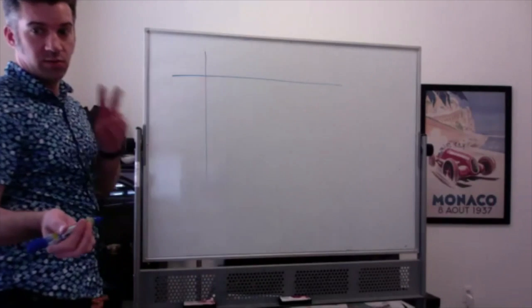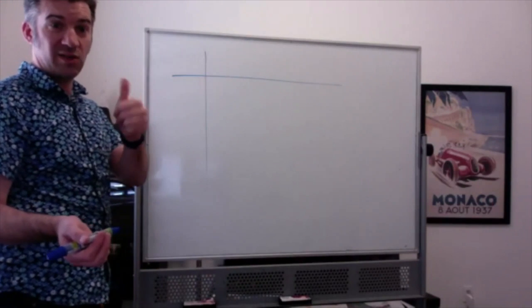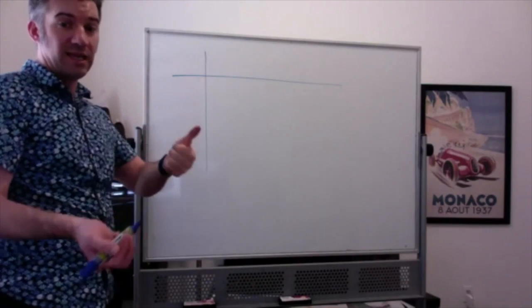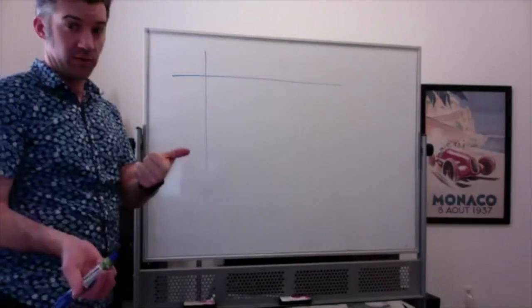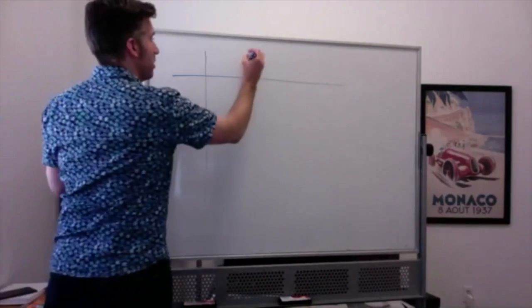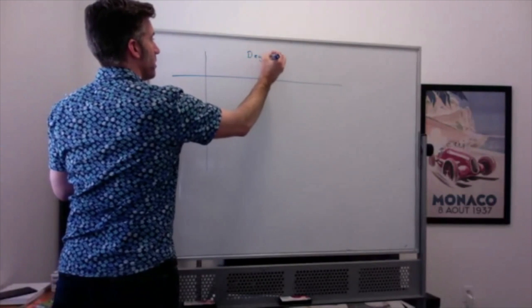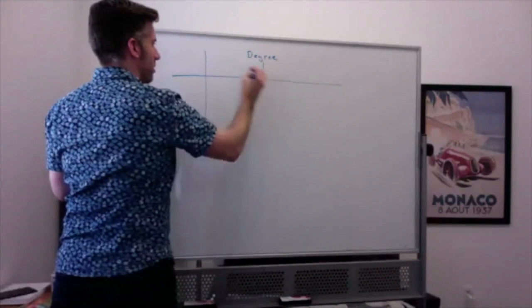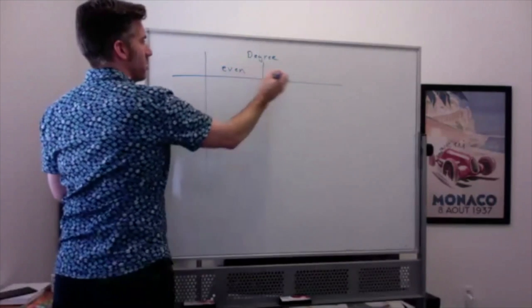So there are 2 things. One is the degree, whether it's an even degree or an odd degree polynomial.